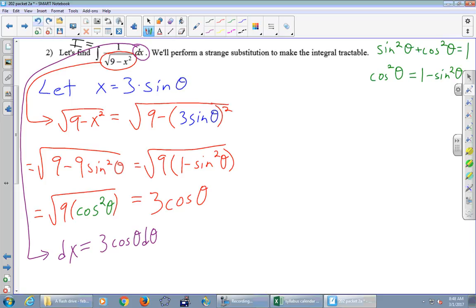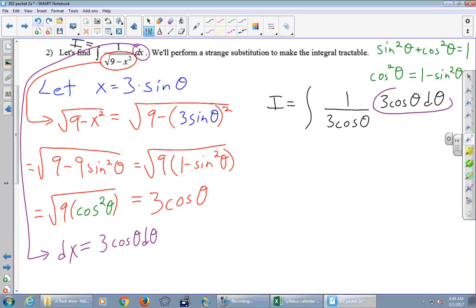So if we let I equal that original integral, then I equals, and now we're just going to put some stuff in here. So upstairs is a 1. Downstairs, that whole red thing became 3 cosine theta. The x became 3 cosine theta. They're not normally the same. It just sort of happens in this case. 3 cosine theta d theta. I'll circle that thing in purple, this thing in red, right?